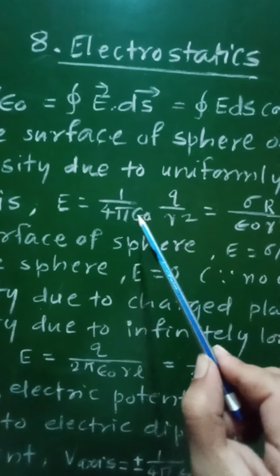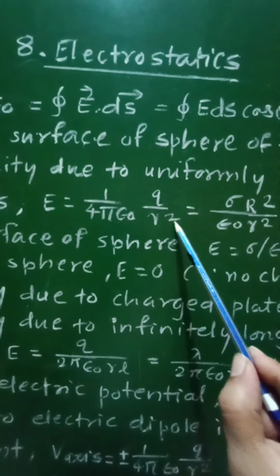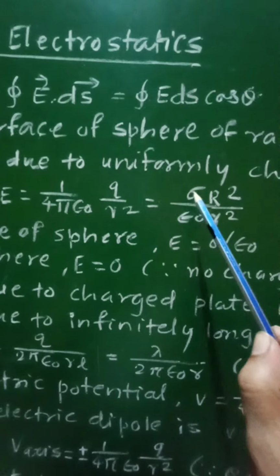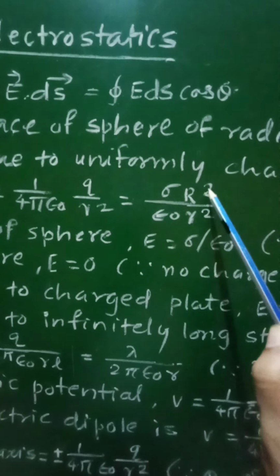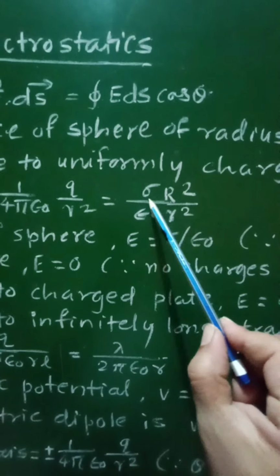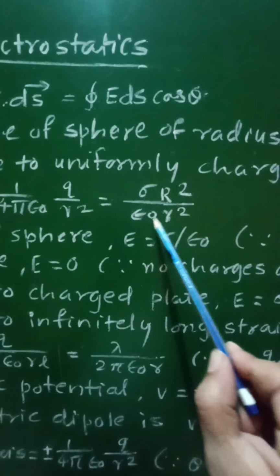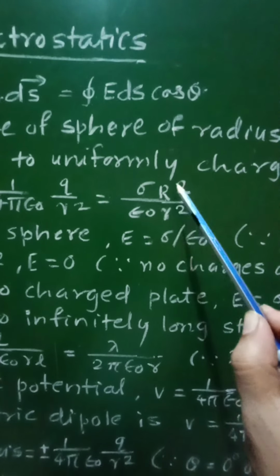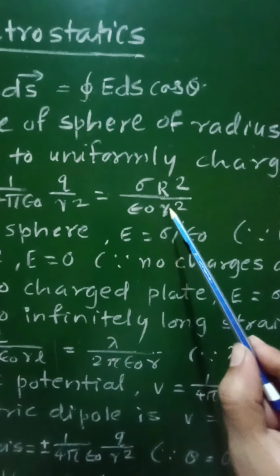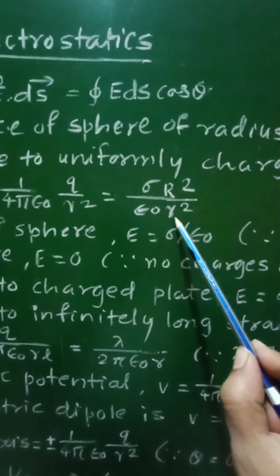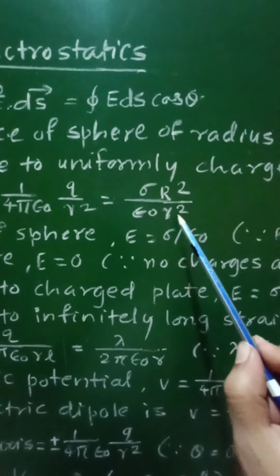In terms of surface charge density, it will be given as sigma r square upon epsilon 0 r square. This r will represent radius of that sphere, and this r will represent distance of that point at which we have to find out electric field intensity.